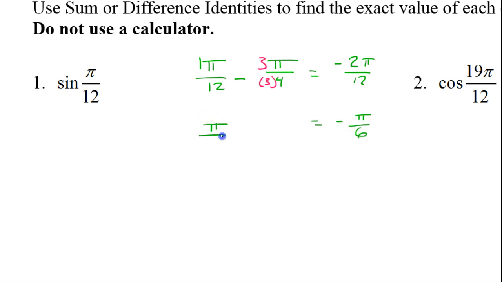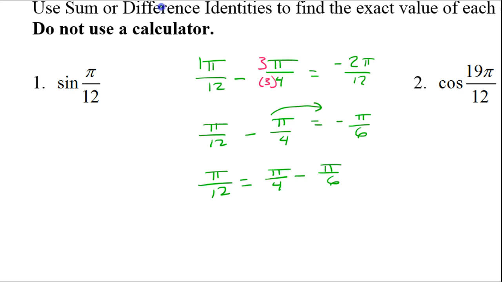That means pi over 12 minus pi over 4 is equal to negative pi over 6. Adding pi over 4 to both sides, thus moving pi over 4 to the other side of the equation, gives me the following fact. Pi over 12 equals pi over 4 minus pi over 6.